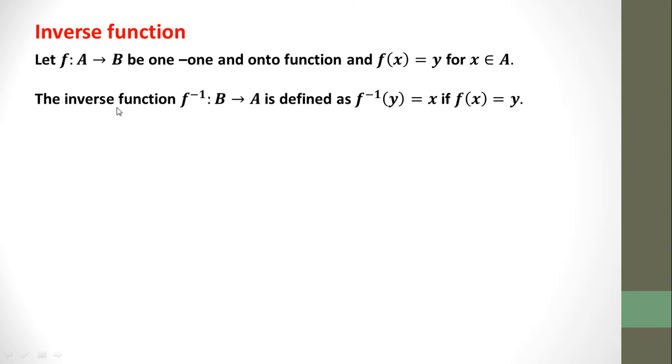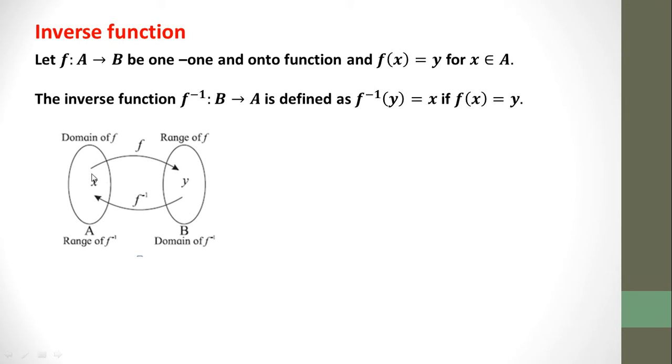For the existence of inverse function, the original function must be one-one and onto both. Now see the diagram here. For the function f, this is the domain set. A is called the domain set, and this set B is called the range of f, because range contains all elements which are images. The range of f is the same as B because it is an onto function.